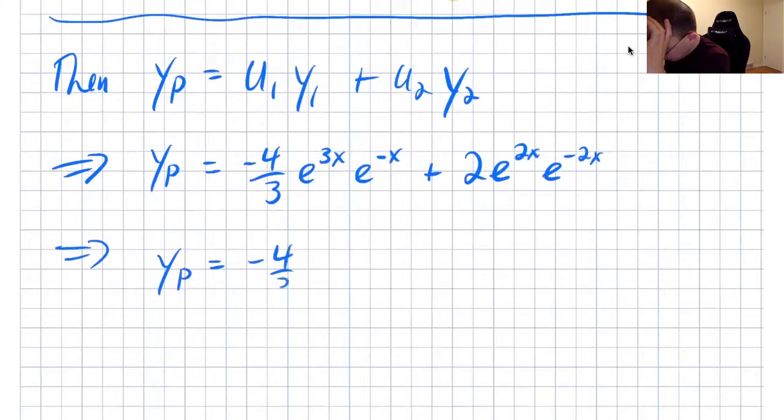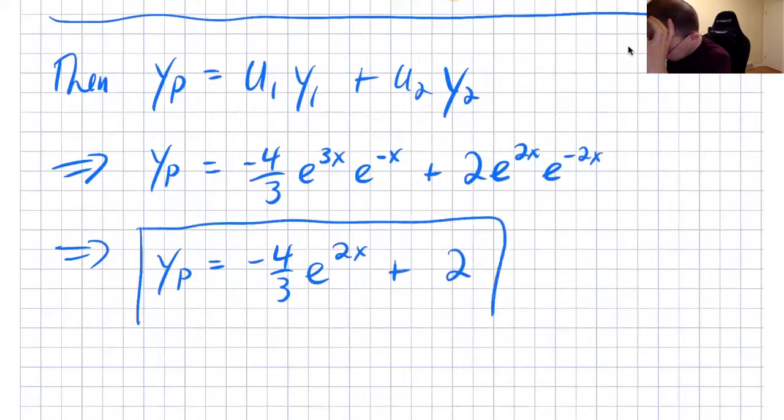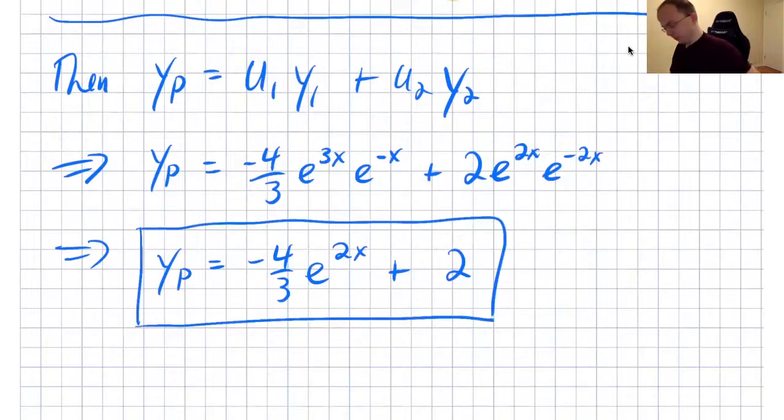Negative 4/3 e to the 2x plus 2. Wow, nice. There it is.